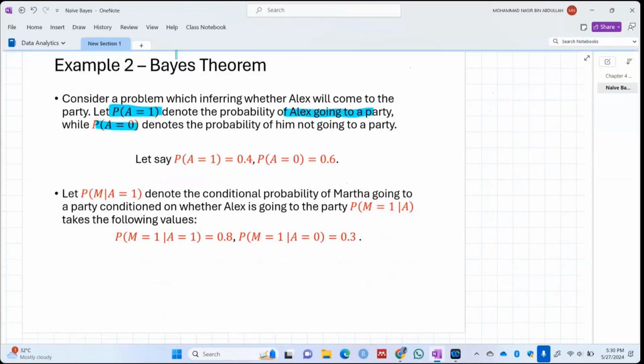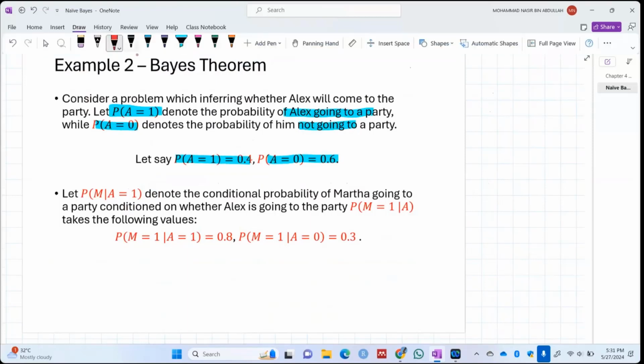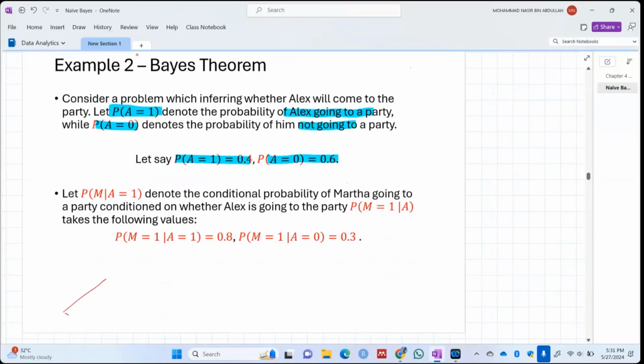A equal to 0 is not going to the party. Let's say A equal to 1 is 0.4, A equal to 0 is 0.6. So let's draw a tree diagram to illustrate the situation. This is the probability of A, this is the probability of A complement. A means the probability of Alex going to the party, 0.4. Not going to the party, 0.6.